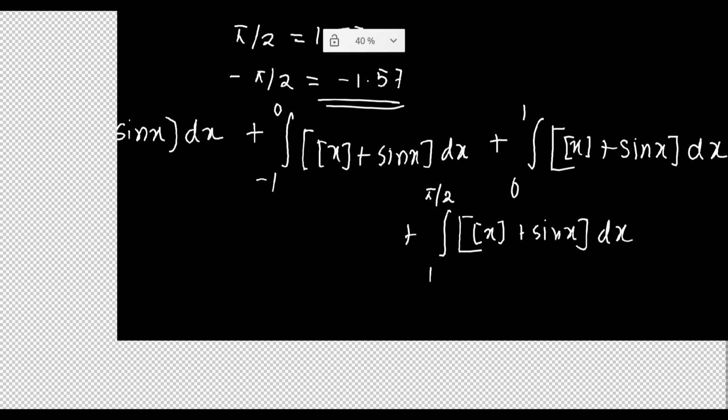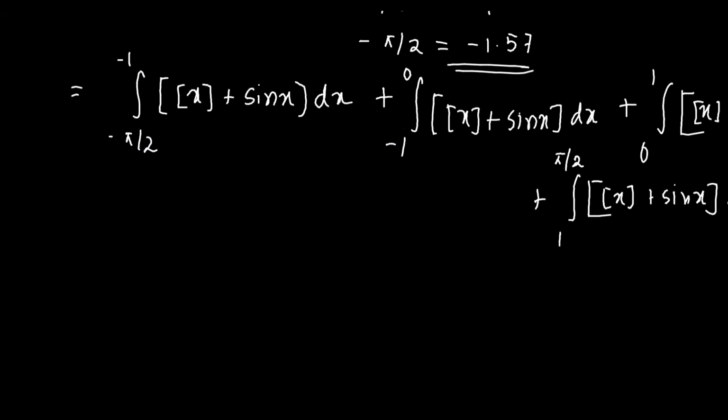Now you see carefully. If x is lying between minus pi by 2 and minus 1, that means x is between minus 1.57 and minus 1. So in this interval, what is the value of box x? If x is lying between minus 1.57 and minus 1, the box value will be minus 2, isn't it?